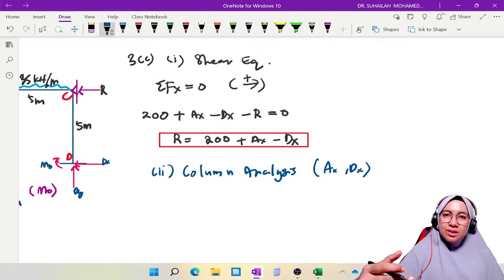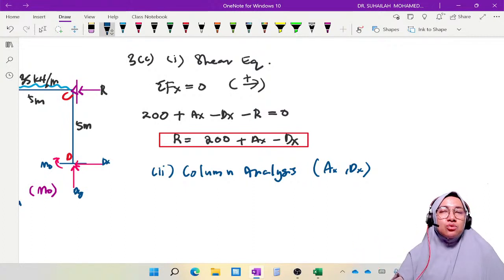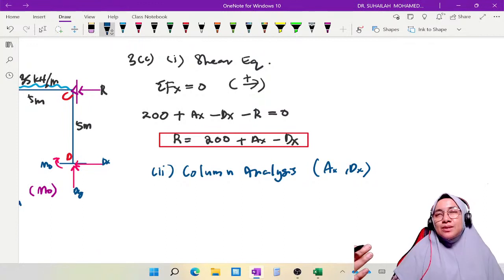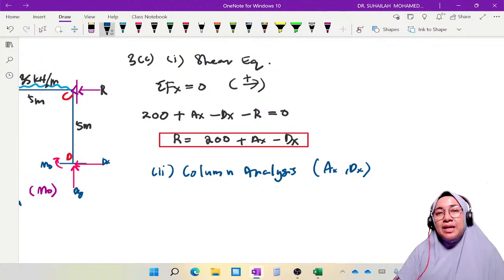Whenever a frame has two vertical columns, the beam has no effect at all, unless we have an inclined column, in which case we need to consider the delta from the beam. So in this case there is no vertical delta from the beam, and we just need to analyze AX and DX using column analysis.